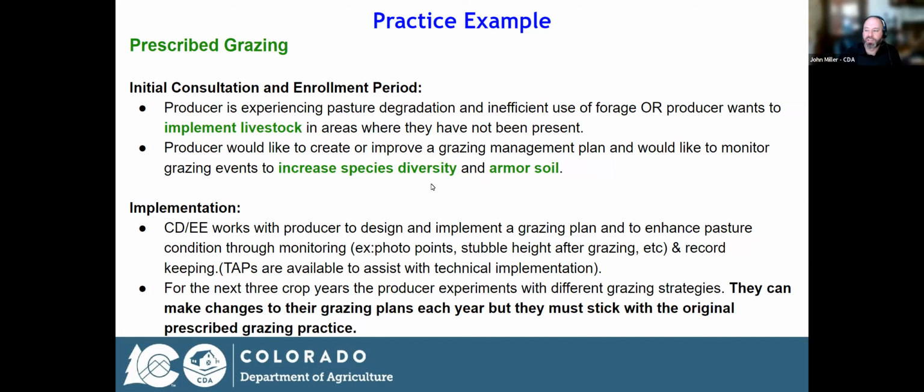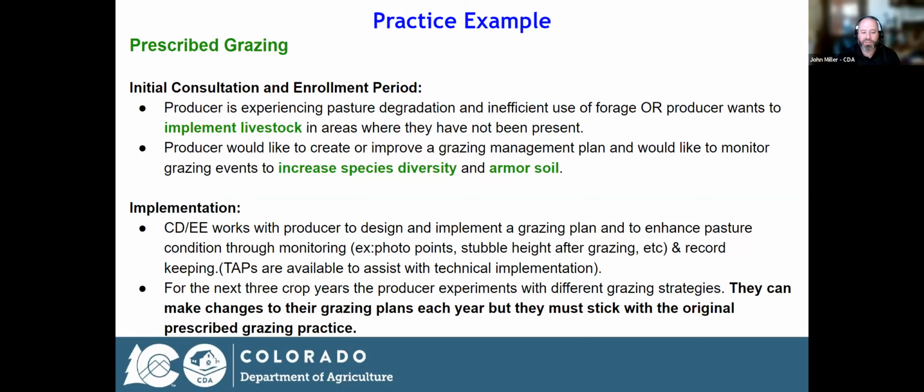So how would the implementation work here? The conservation district or entity would work with the producer to design and implement a grazing plan and to enhance pasture condition through monitoring, with examples like photo points, stubble height after grazing, etc., and record keeping. And again, technical assistance providers are available to assist with this technical implementation.